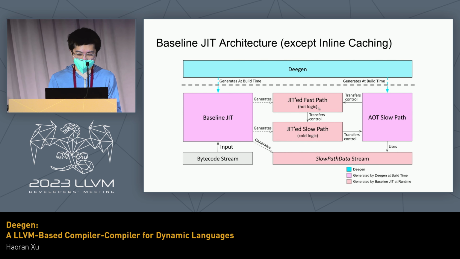When the JIT code executes, you start in the hot logic, and when something unexpected happens, like the operand of the add is not a double, control is transferred to the JIT slow path, which will further transfer control to the ahead-of-time generated slow path. And after the slow path is done, we transfer control back to the hot logic again. And that's basically how the JIT works.